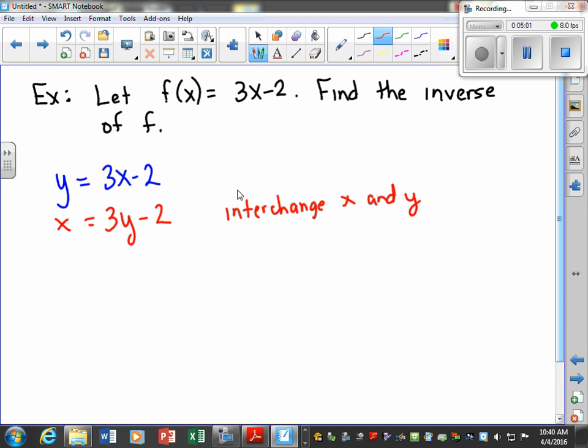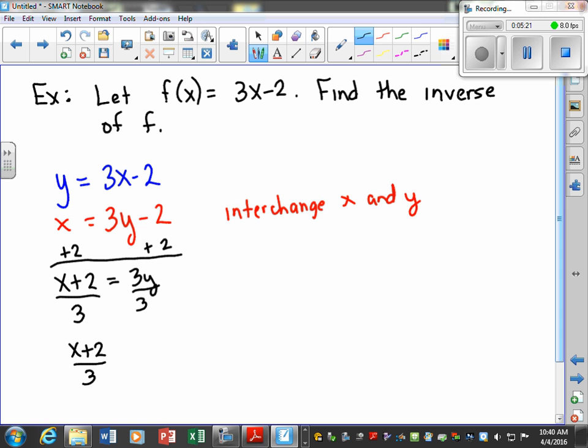Okay, and the next thing we're going to do is solve for y. So let's get y by itself. Let's add 2. That would give us x plus 2 is equal to 3y. Divide both sides by 3, so this is just going to be x plus 2 divided by 3 is equal to y. And the last thing you want to do is just replace y with f inverse.